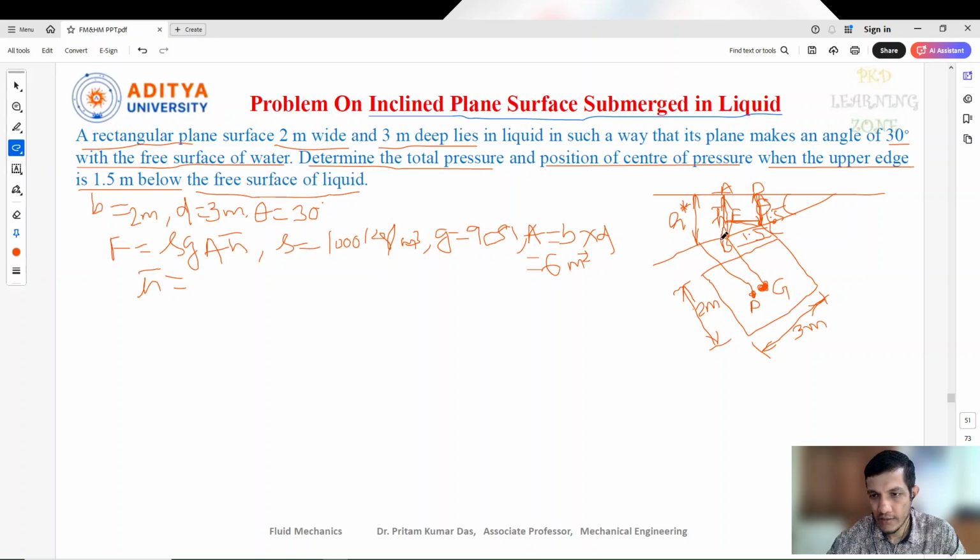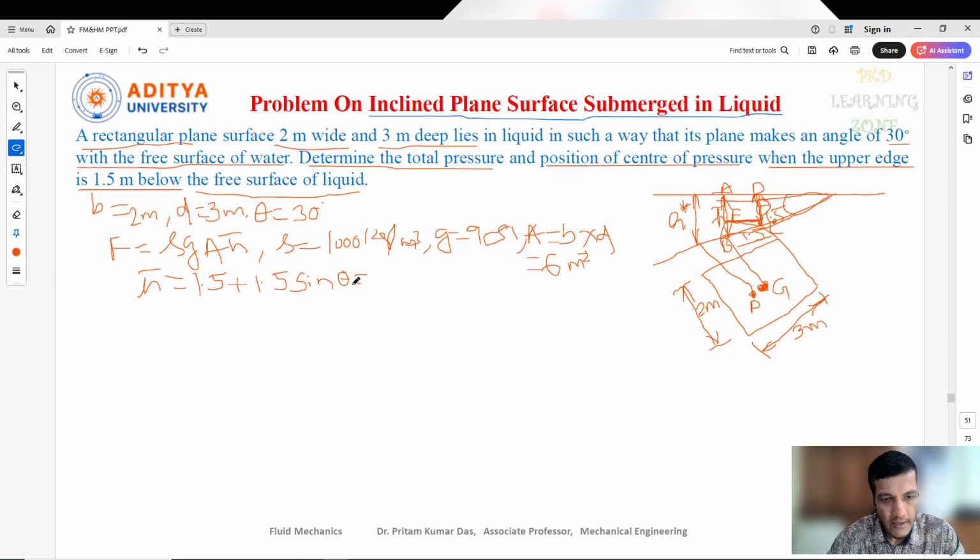Now if I make a triangle of this, then h bar equals 1.5 meter from the upper surface of the liquid plus 1.5 sine theta.